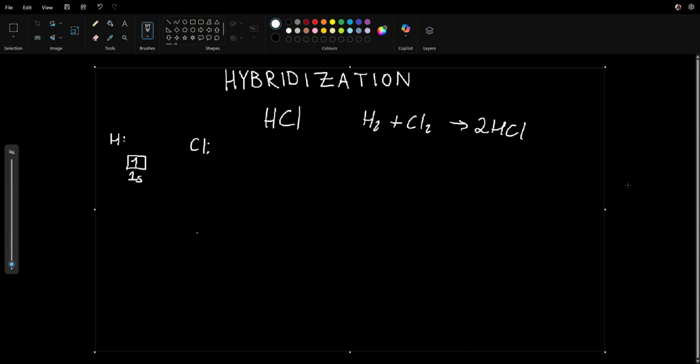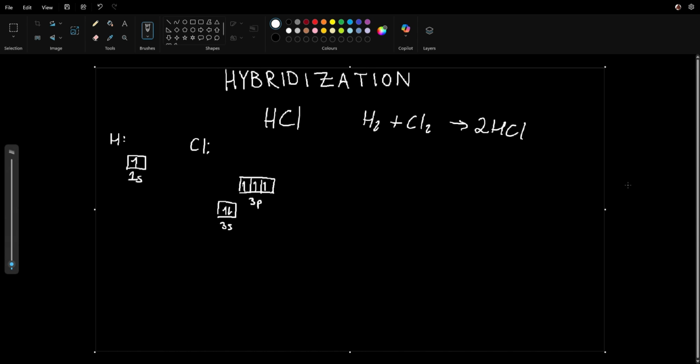I'm just going to ignore the first and the second energy level. I'm just going to skip to the third. We have 3s, and we have 2 here, and then we have 3p, 1, 2, 3.